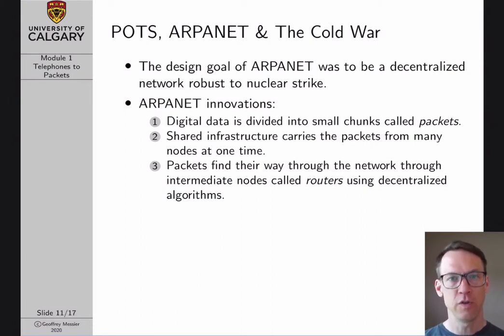And so just through local neighbor communication, somehow the network was able to construct a scheme that allowed packets to be sent from any node to any other node anywhere in the network. And this is one of the super cool innovations of the internet, and we're going to be looking in detail at the algorithms that make this possible.